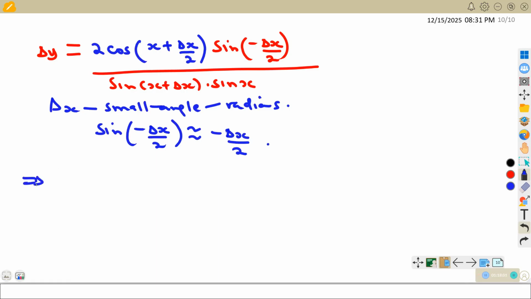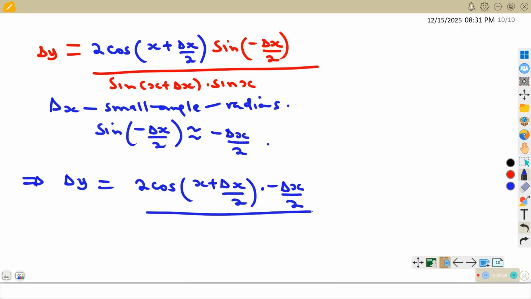So this implies that delta y is equal to 2 cos of (x plus delta x) divided by 2, and then this one here will be replaced by negative delta x divided by 2. But we are dividing the whole of this by sine of (x plus delta x) times sine of x. Okay, from this given point, I want us to divide through by delta x.